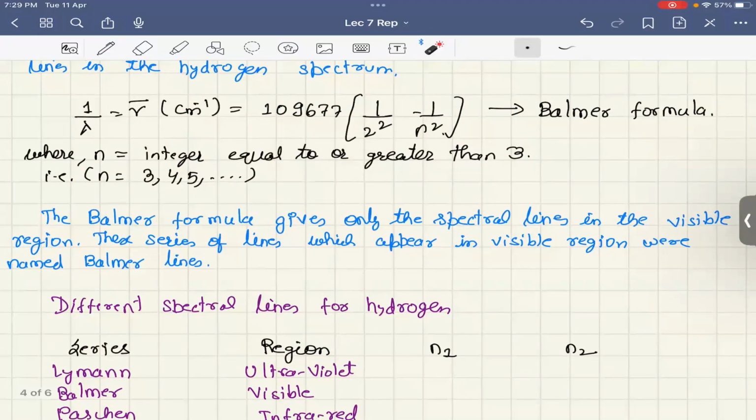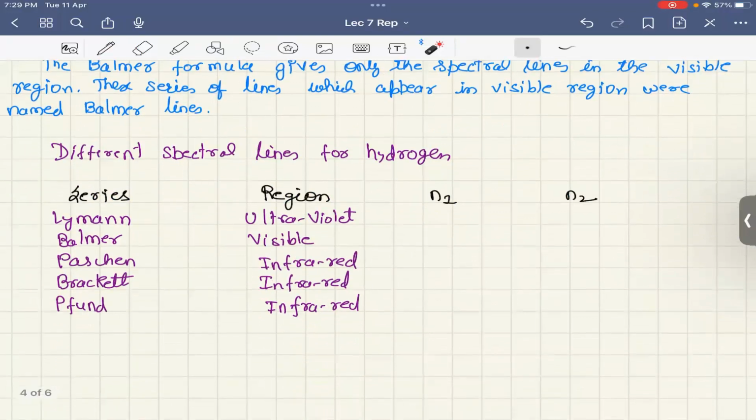And similar to the Balmer formula, there is a generalized expression for all of these.